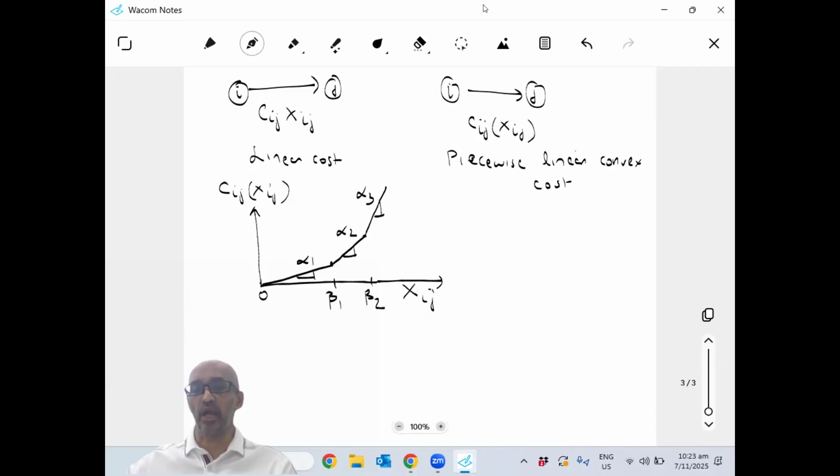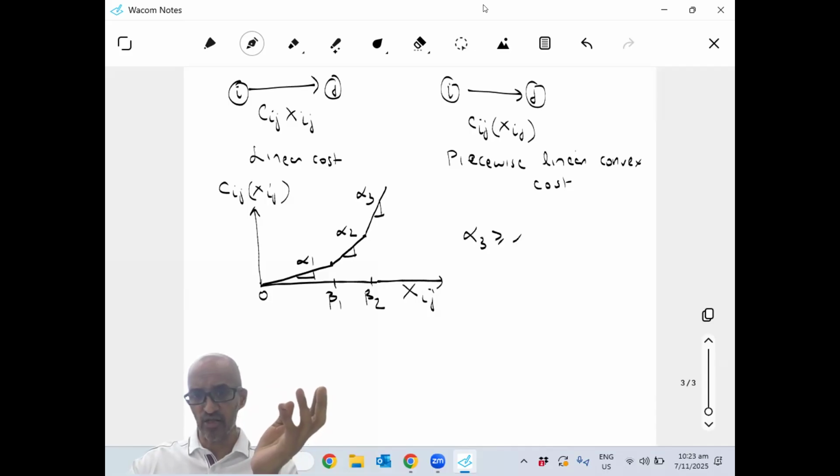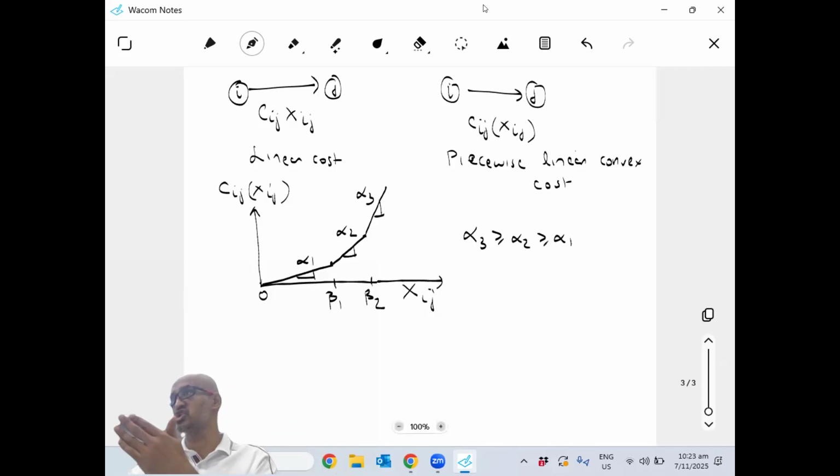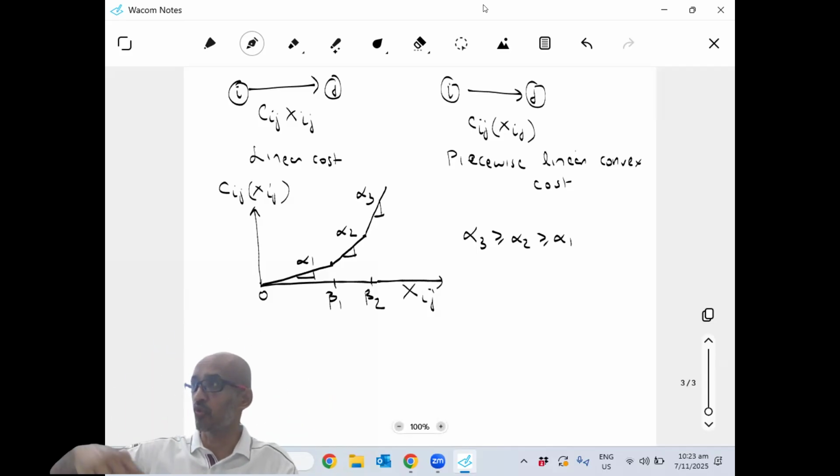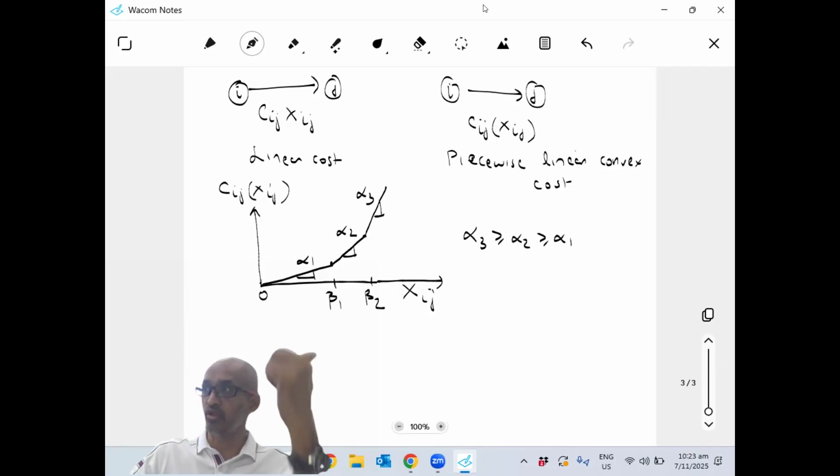Now this is clearly not a linear function. And it's clear that alpha 3 is greater than alpha 2 is greater than alpha 1. I mean, that's what it means to be a convex function. In a convex function, the slopes have to be increasing, right? As you move in this direction.